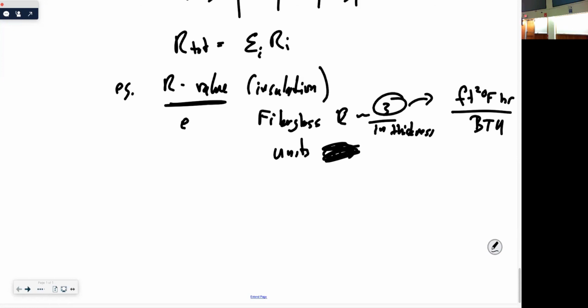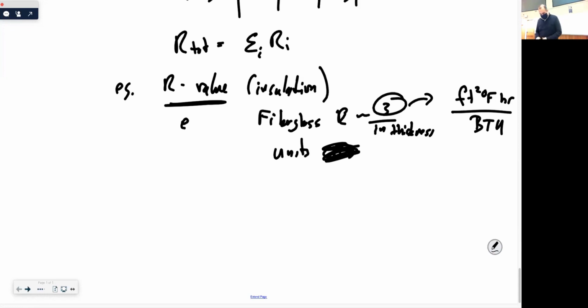These numbers are important, obviously, units matter, but if you know that your R is 3 per inch of thickness or 6 per inch of thickness, you know that the one that has 6 is 2 times better than the one that has 3, right? So at least there you can make a relative judgment on how much you're going to spend based on what the R value of that insulation actually is. So it does scale in that way.